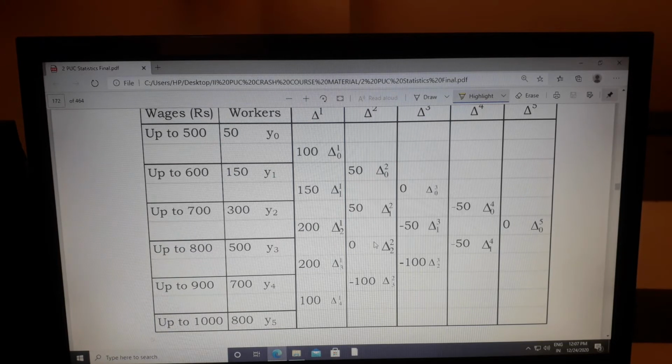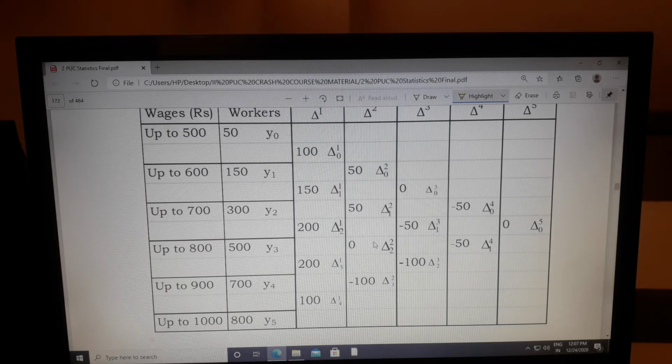And the second leading difference will be delta y1 minus delta y0, that is nothing but 150 minus 100, 200 minus 150, 200 minus 200, 100 minus 200. So this way the second leading difference is 50, 50, 0 and minus 100. Again the third leading difference, keep on subtracting from down to top: 50 minus 50, 0; 0 minus 50, minus 50; minus 100 minus 0, minus 100.